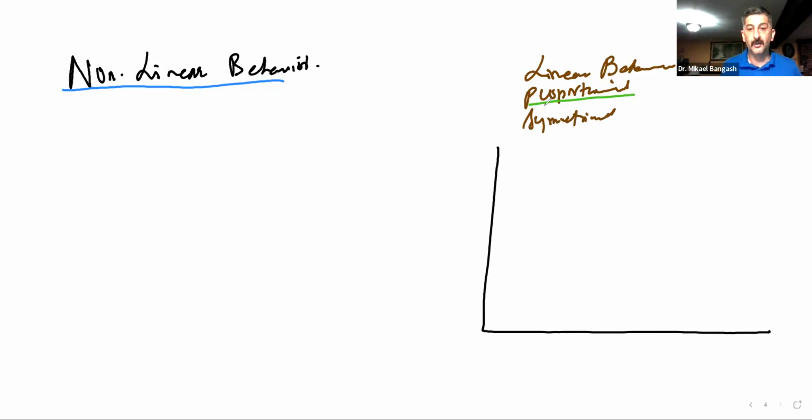If that proportional relationship between two factors or two parameters is drafted on a graph, it is going to be a straight line, and that's why we can say that there was a linear behavior.